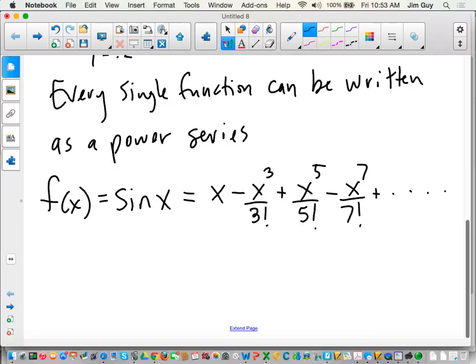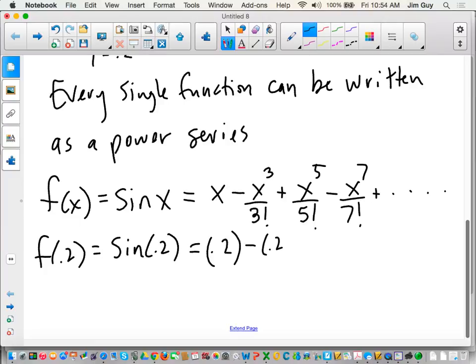We would plug 0.2 into all my x values there. So f of 0.2, in other words sine of 0.2, would equal 0.2 minus 0.2 to the third over 3 factorial plus 0.2 to the fifth over 5 factorial, and so on. Are we saying 0.2 radians?